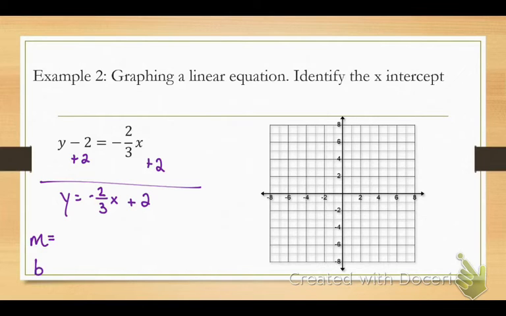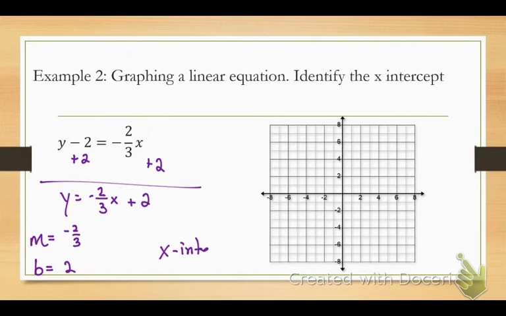And now m equals and b equals. Noah, what do you think your m value is? Negative 2/3. Very good. Colin, what's your b value going to be? 2. Okay.